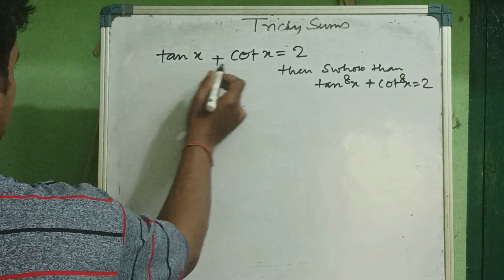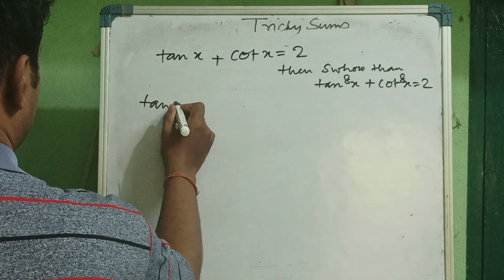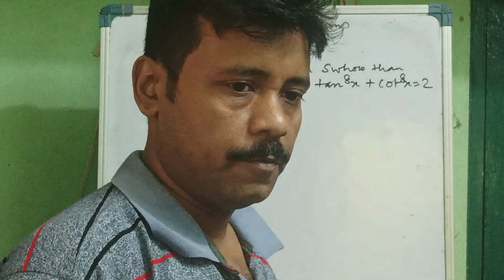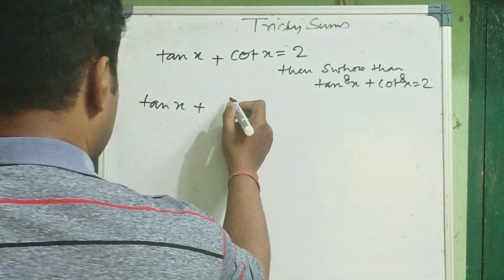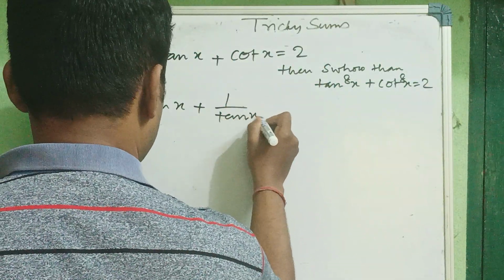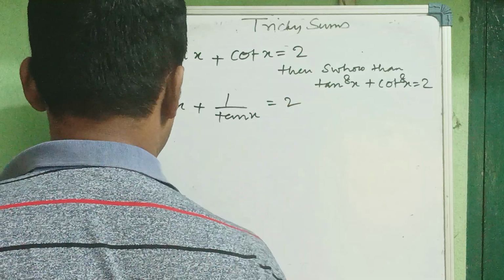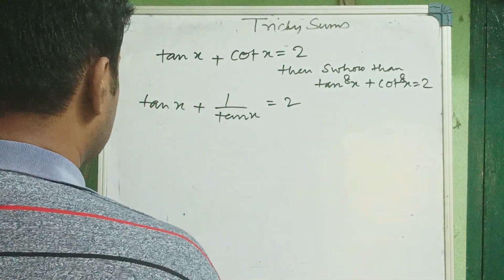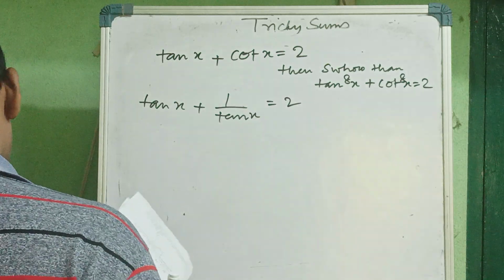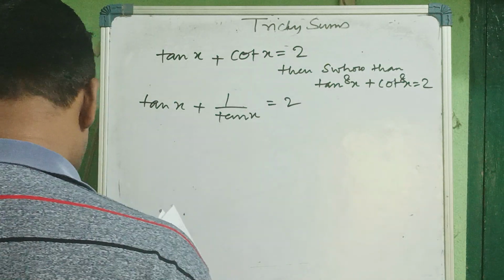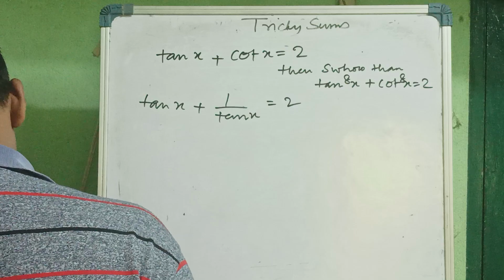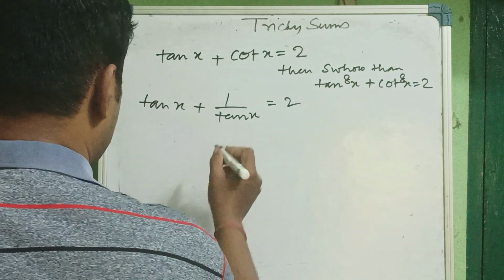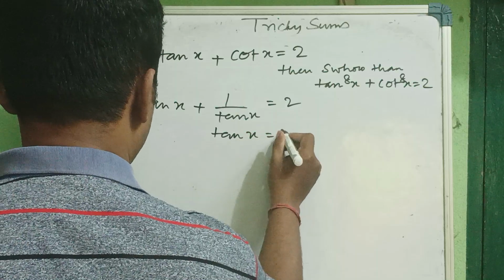So first of all, tan x and cot x. You know that cot is the reciprocal of tan, that is 1 by tan x, so tan x plus 1 by tan x equals 2. Let's take tan x equals y.